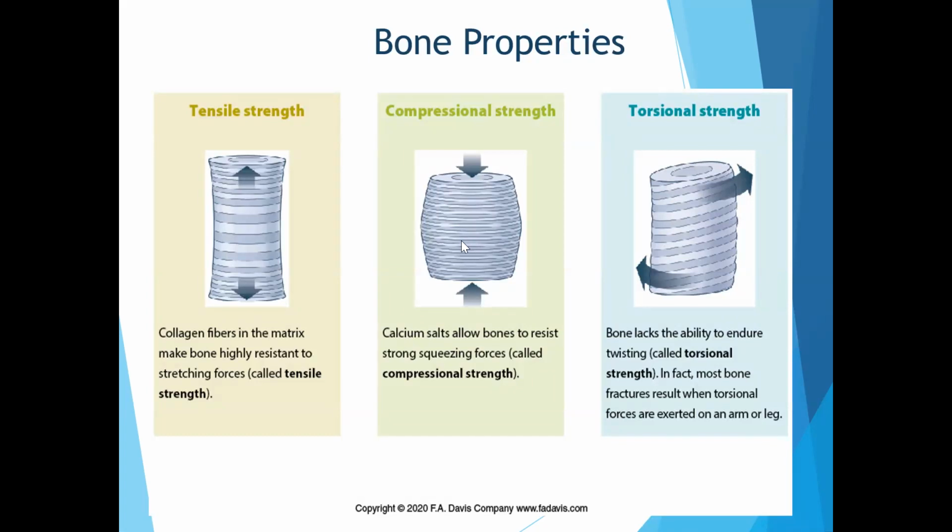And then in terms of the compression side of things, it's the calcium salts in bone that help it resist that strong squeezing force. So vertically, whether it's being stretched or compressed, very, very strong. What it does not do a good job of is its torsional strength. Bones do not like to be twisted. So typically, if you're going to have a fracture, it's the result of a torsional force.